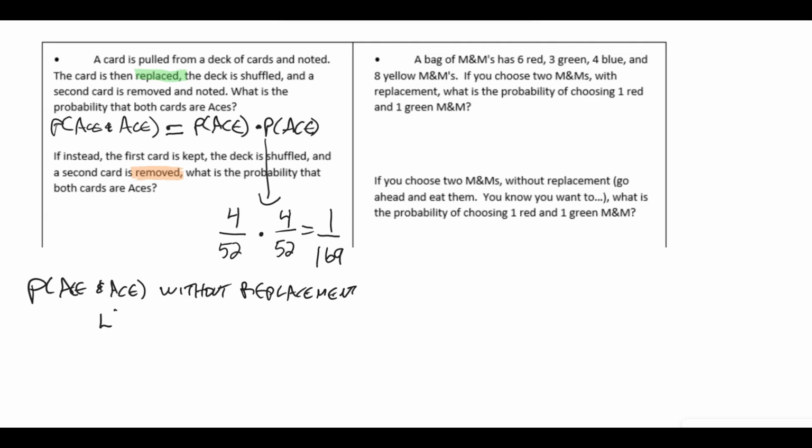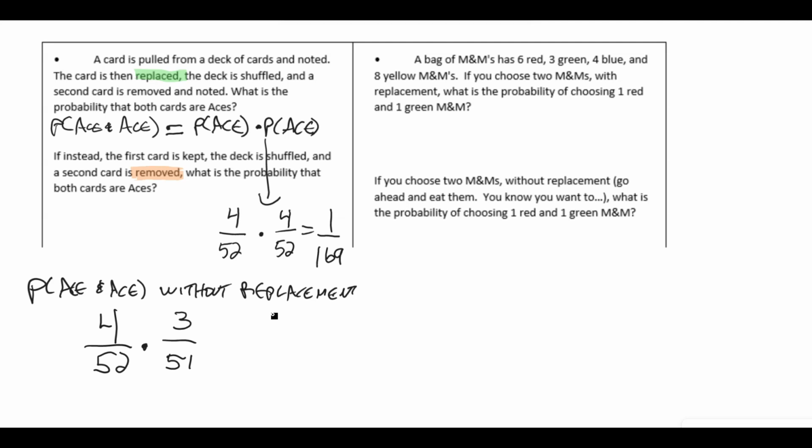So the first one, a full deck, there are 4 aces and there are 52 cards. But if we keep that ace out of the deck, when we go to the second time of picking the cards, there are now only 3 aces out of 51 cards.